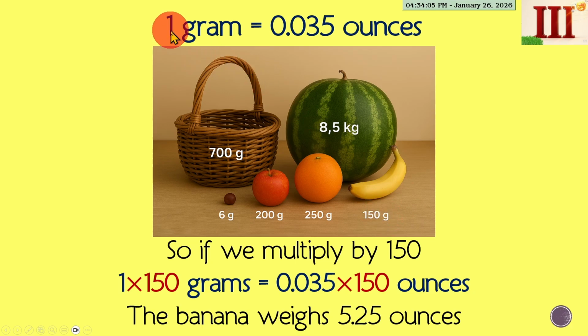I want to go from 1 gram to 150 grams, and that's why I multiply by 150. I'm not trying to get to ounces yet. I want to get to the grams first, and then that will lead me to ounces. So if I multiply the 1 by 150, then I should multiply the ounces numerical value by 150. So the banana will weigh 5¼ ounces.